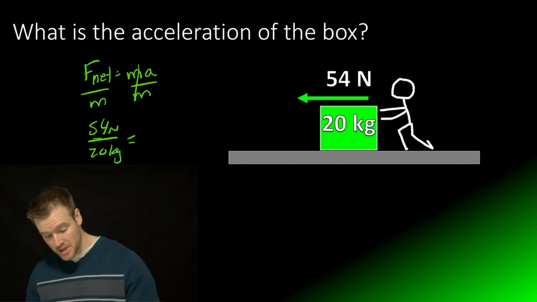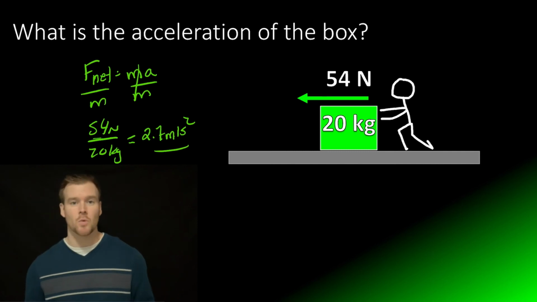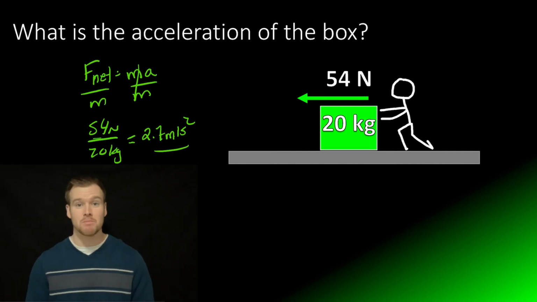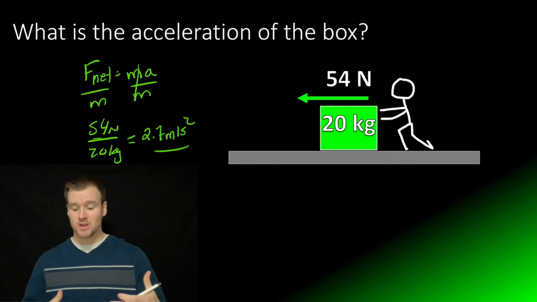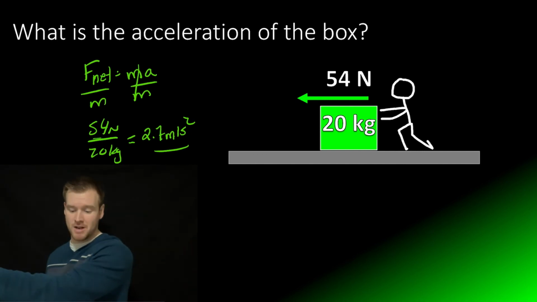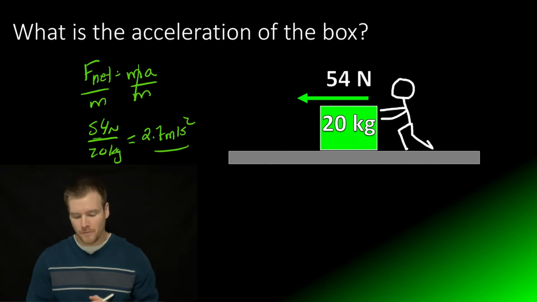And I get an acceleration of 2.7 meters per second squared. That's how fast it's going to be speeding up. So important to note, that's not its velocity, that's its acceleration. So it's going to keep speeding up, speeding up, speeding up if you keep applying that force. Now in real life, there will be quite a bit of friction probably on this box, but we'll look at handling multiple forces in the next lesson.